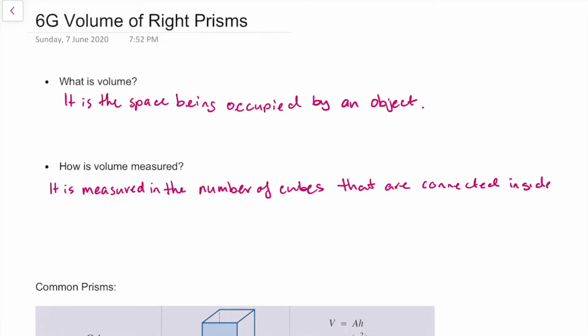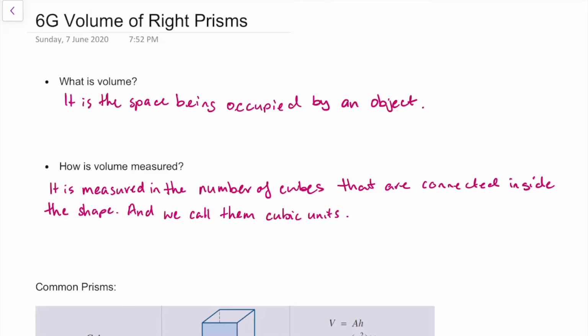So we'll add that to inside the shape. And we use cubic units. Cubic units. Okay, so that's what volume is, and that's how it's all measured.